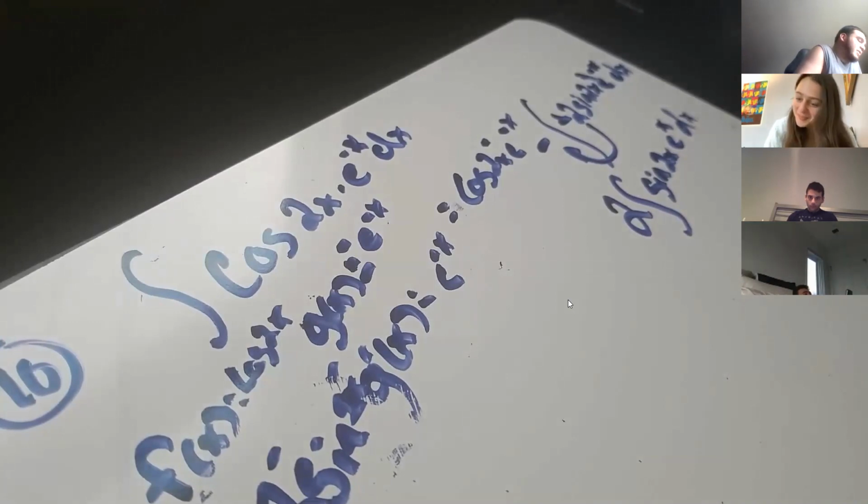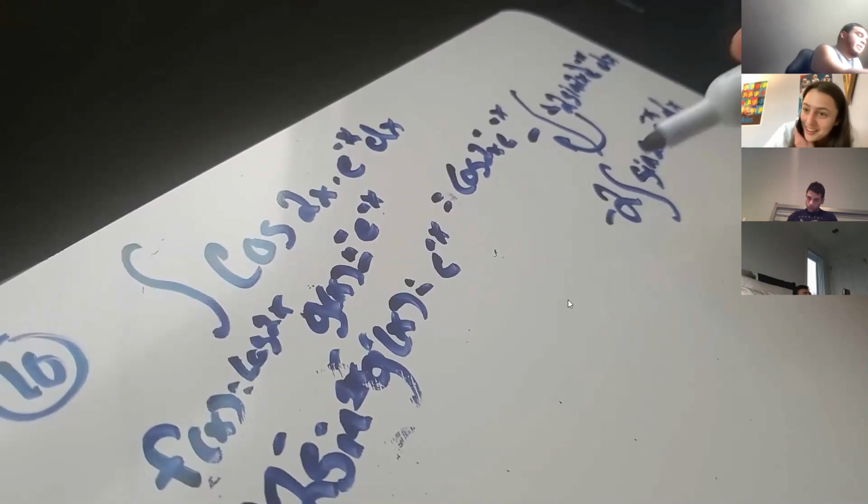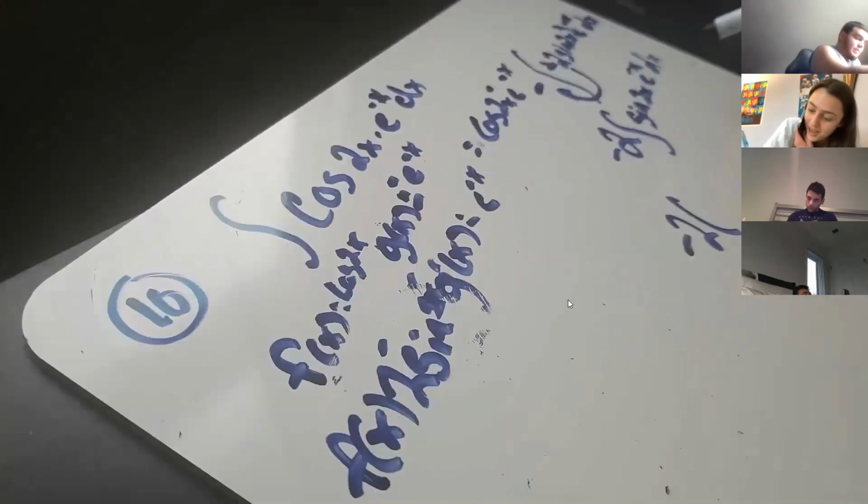Then, let's see. Okay. So let's try one more time. If nothing changes overall, then I'm just going to call this a bust and we'll end the stream. But minus 2. So then, big parenthesis, we're going to derive this again.